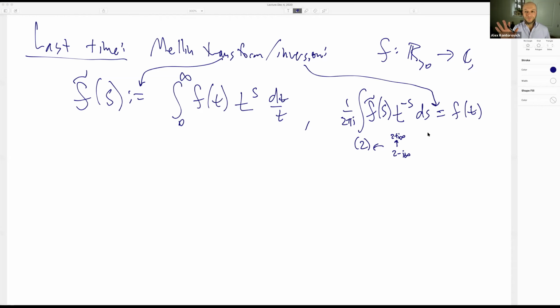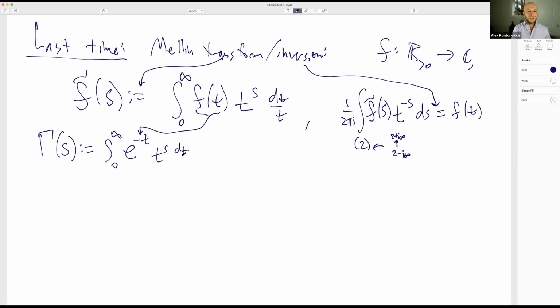So far, so good. That was last time. We saw the example of the gamma function, which is originally defined for f(t) equals e to the minus t, t to the s, dt over t. We also saw that gamma of s plus 1 is equal to s gamma of s, which allowed us, piece by piece, to continue analytically.